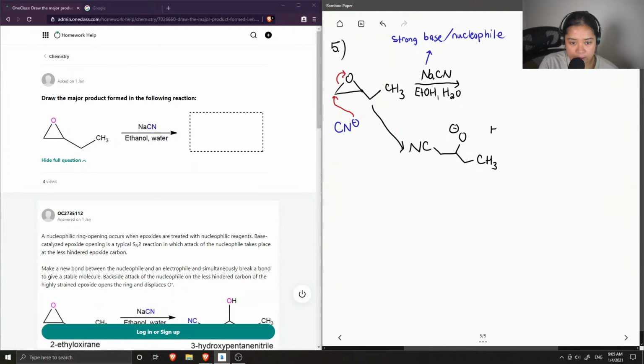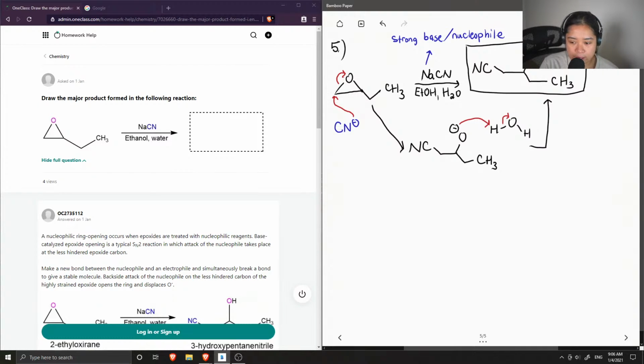This is when the water molecule is involved, because this negatively charged oxygen will get protonated to give us our final product, which now has a new cyanide group, an alcohol group, and the remaining ethyl as our final product.